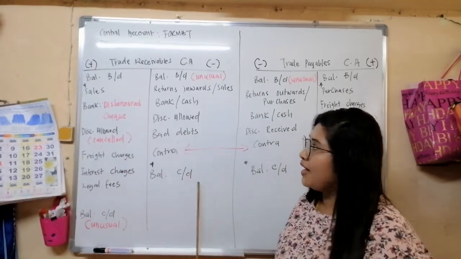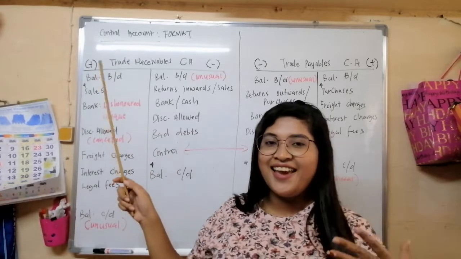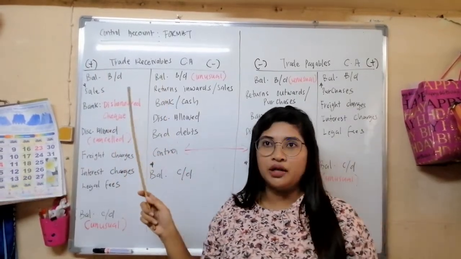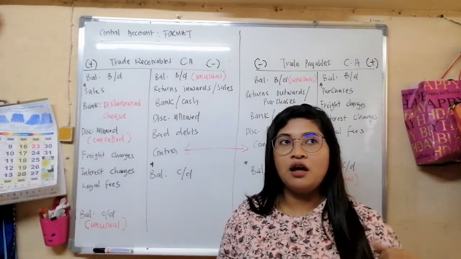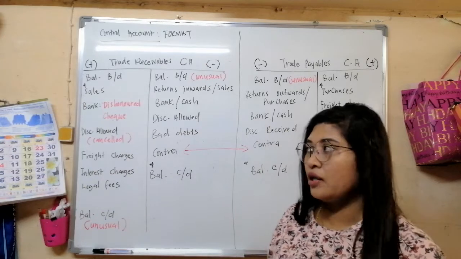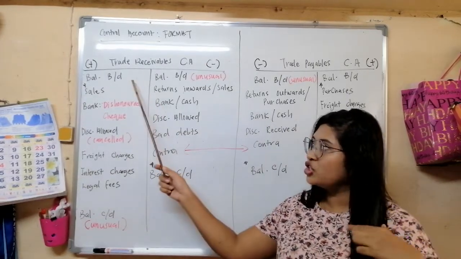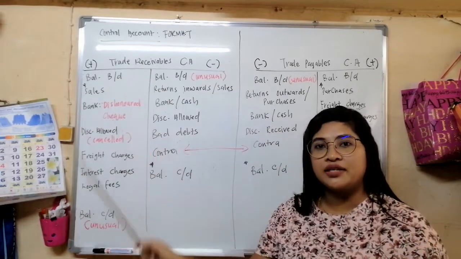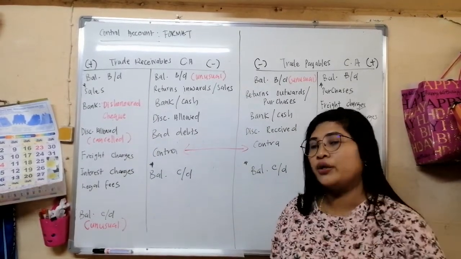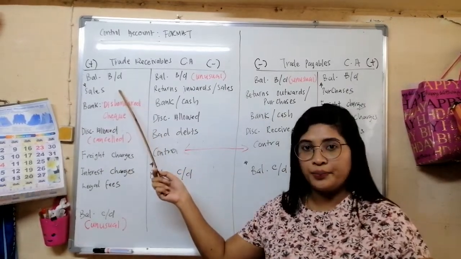On the credit side of trade receivable, first thing is actually our balance brought down. This balance brought down is our balance of receivable from the previous accounting period. It's actually the balance carried down from the previous trade receivable, so in this year it will be our balance brought down.